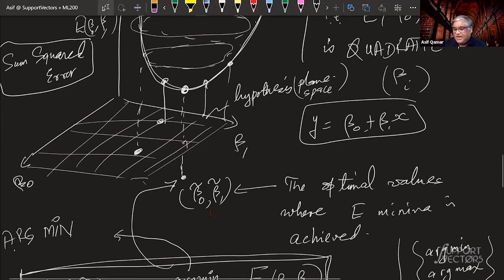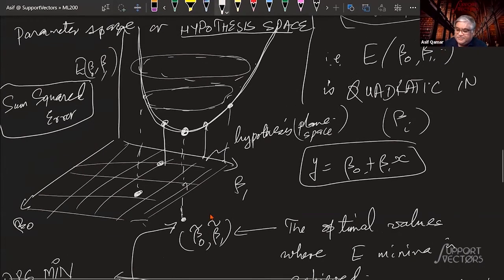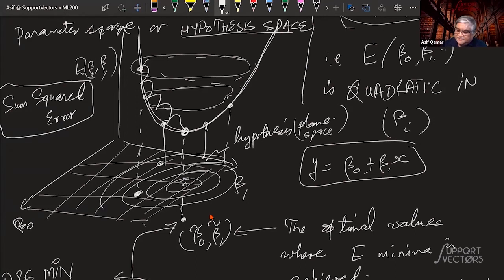Just as a recap in ML100, we would start at a random value, and then we would do gradient descent here. Around this point, there used to be this, remember, the projection, the shadows of these circles, which are called contour maps. I hope you remember this, because we'll use this to move forward towards regularization now.